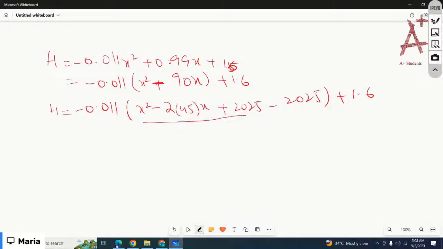So that makes a complete square, right? It would be negative 0.011 times x minus 45 whole squared, minus 2025 plus 1.6.